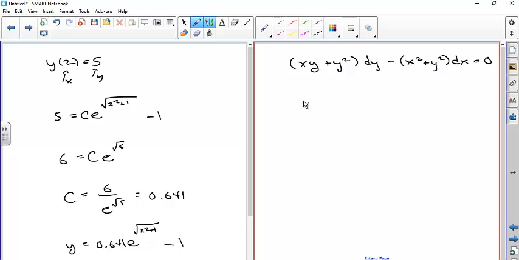So the substitutions are y equals nu x, and the differential dy is equal to nu dx plus x d nu.